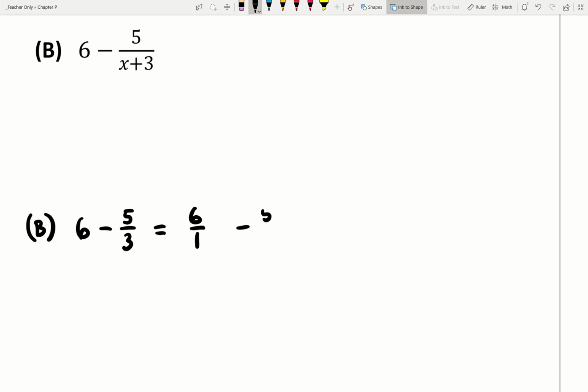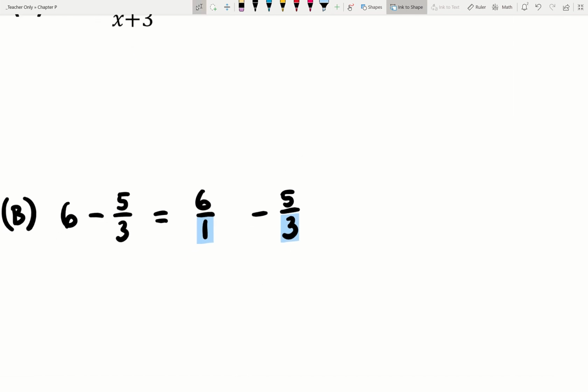And then whenever you subtracted off the 5 over 3, we notice here that our denominators are not quite the same. You've got 1 and you've got 3, and we know from the previous example that you can't really combine your fractions unless they have that common denominator. So what I might do here is introduce something to the numerator and denominator of one or both of my fractions so that I end up with a common denominator.